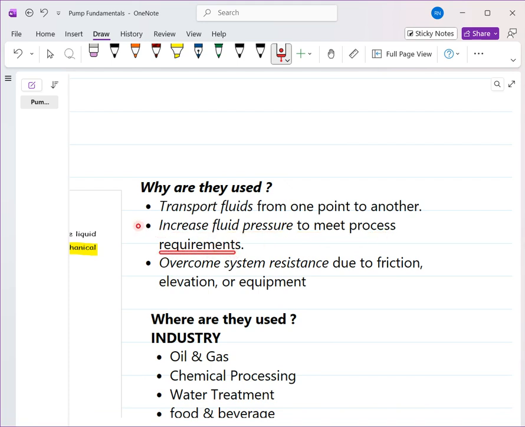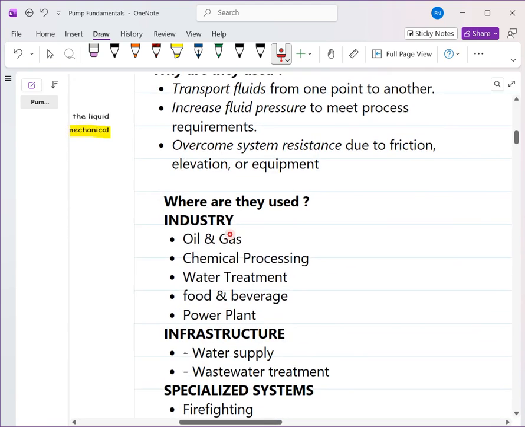The pressure should develop in such a way that it can displace the liquid from the suction side to the discharge side, so that the transport of fluids from one point to another could occur, overcoming the resistance due to friction, elevation, or equipment.